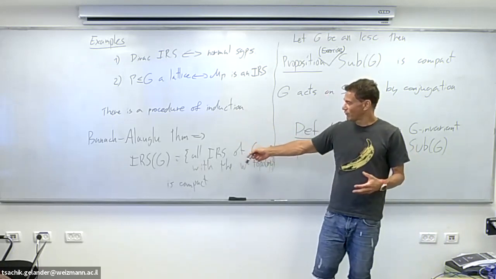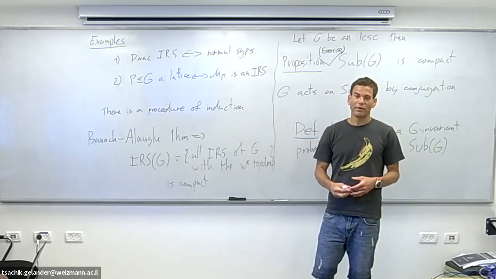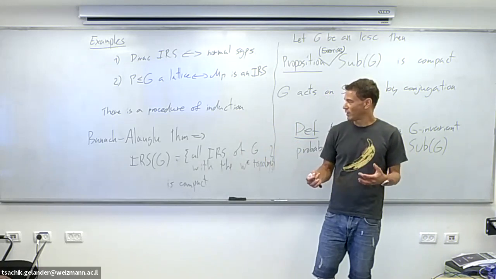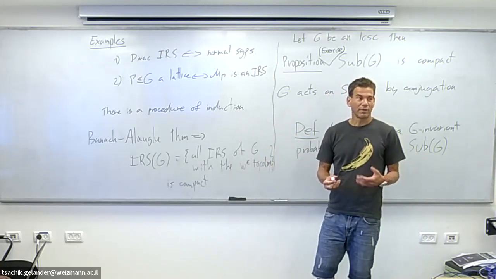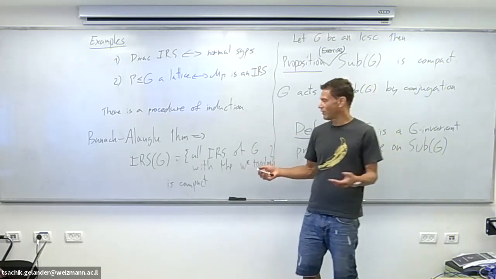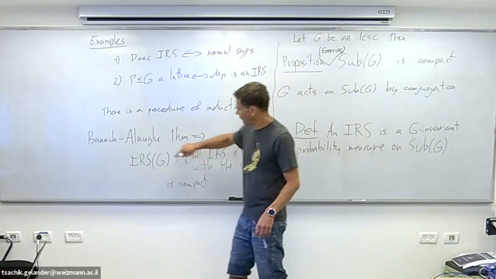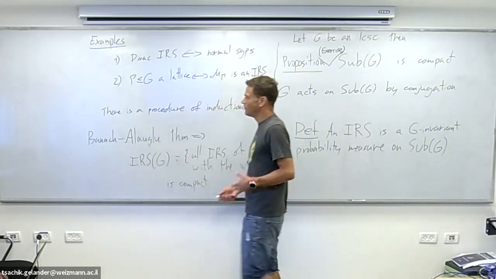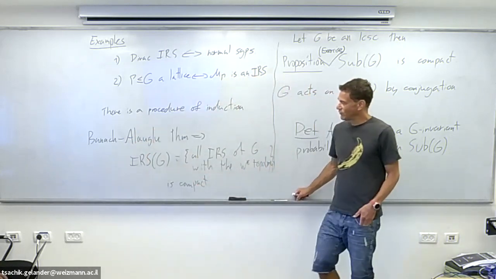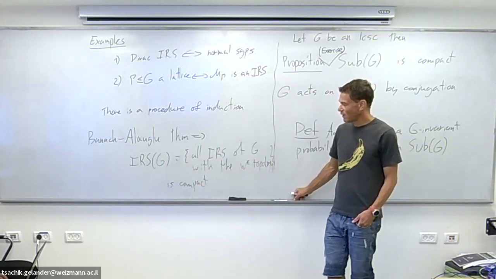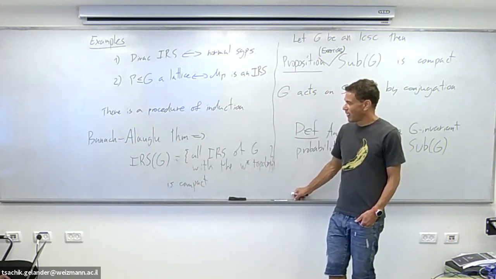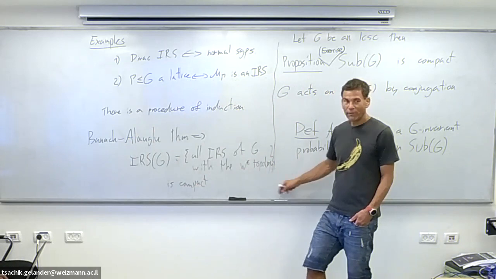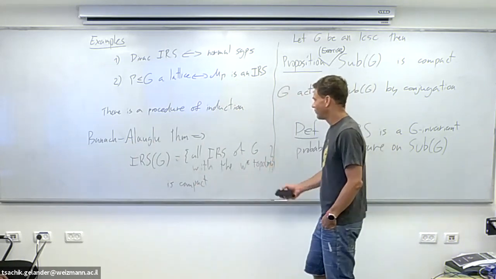But now you have some compact set which naturally contains each lattice as a point. So in a sense, it gives you a compactification for the set of all lattices, and therefore you can take advantage of this compactness and prove results. So this space is compact.